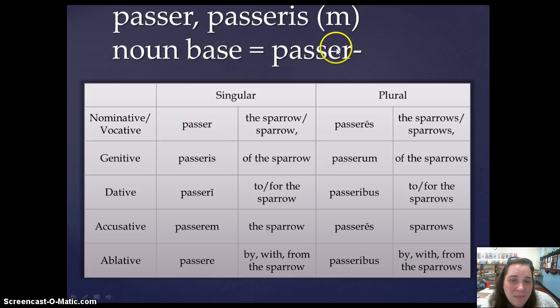And then we have our noun base onto which we're going to add the endings over here. So passer, passeris, passeri, passerem, passere, passeres, passerum, passeribus, passeres, passeribus. Okay? And you'll notice that the translation of the different cases remains the same because the cases, their function, don't change based on declensions. They just are what they are.